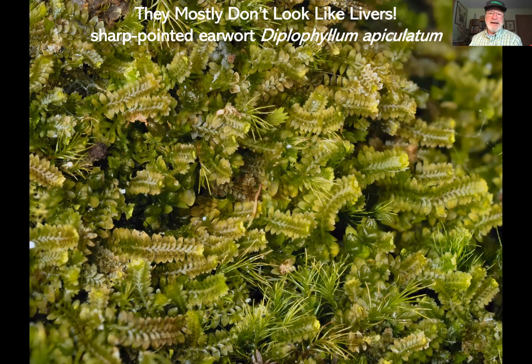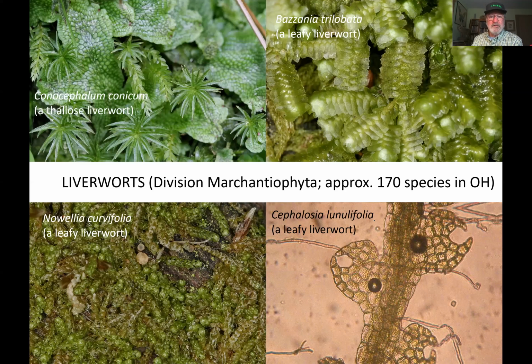But most of them actually are leafy and could be mistaken for mosses. But we'll look at some differences right away. So here's some pictures of some liverworts. In the upper left is a common one called snakeskin liverwort, Conocephalum conicum, or salebrosum, or whatever it should properly be called. And the other ones are leafy liverworts that look sort of like mosses, but sort of different.